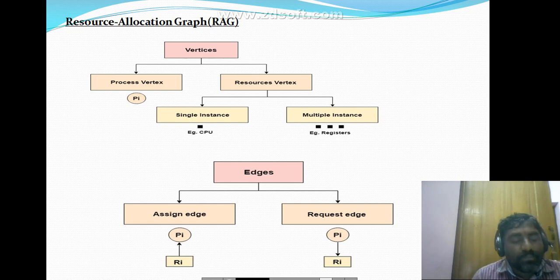If there is only one of a resource in our system, it is a single instance resource, for example CPU or monitor. If a resource is present in multiple numbers, it is a multiple instance resource, just like a register.